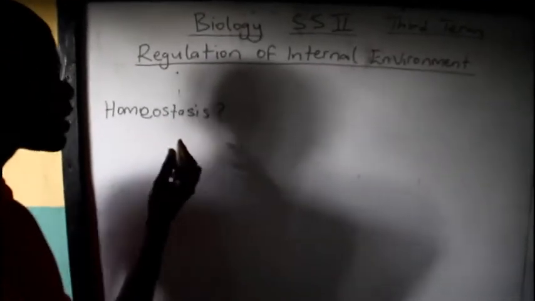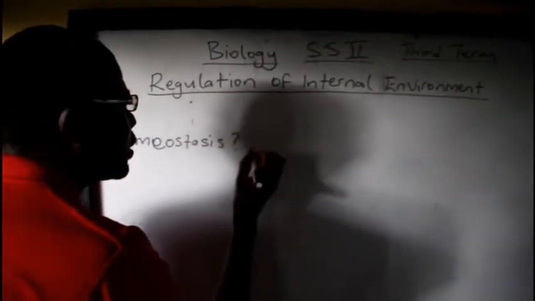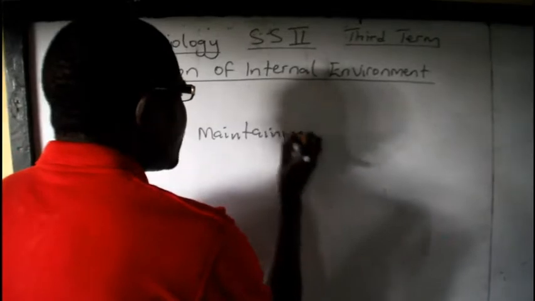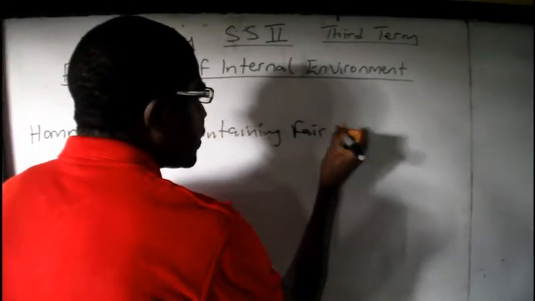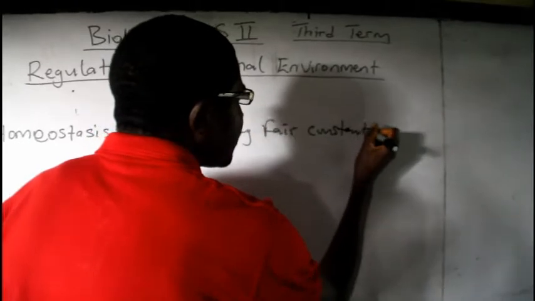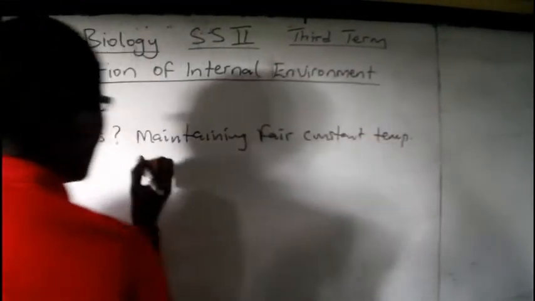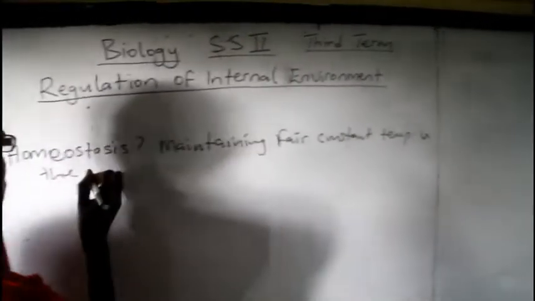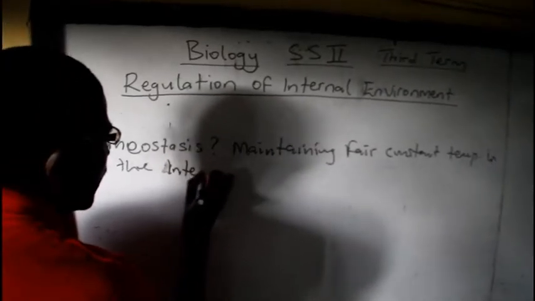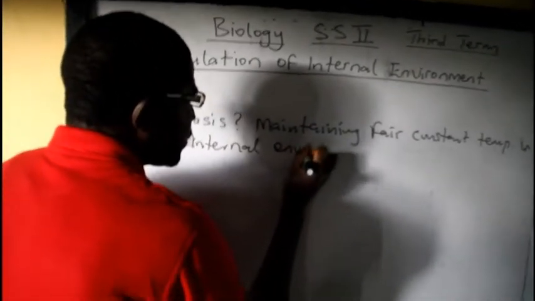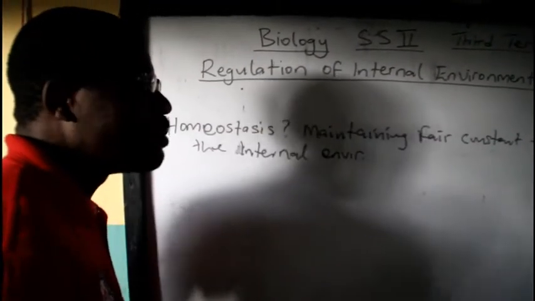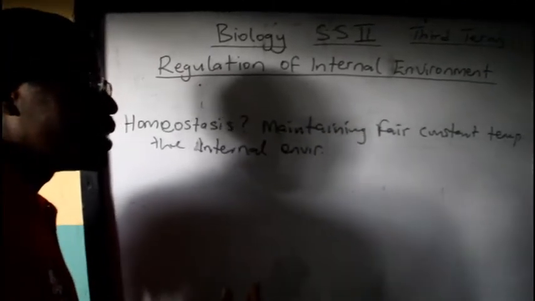Homeostasis is the process of maintaining a constant internal environment, the process of maintaining a fairly constant temperature in the internal environment.